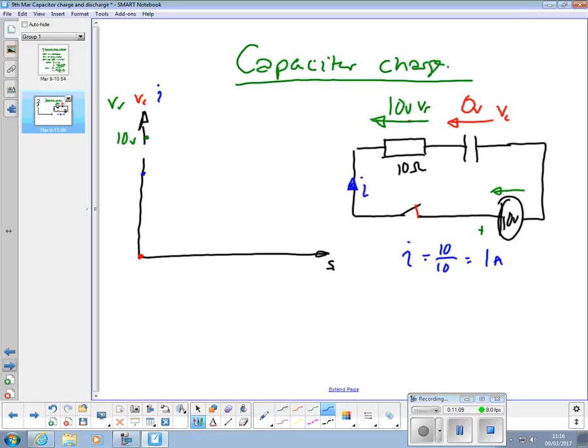I'm going to make 1 amp in terms of the current there. I want to put all these things on one graph, and I'm going to keep them away from each other. So that's where they start, at the instant we switch on. All right? Everyone happy?